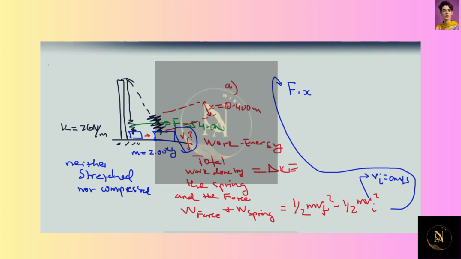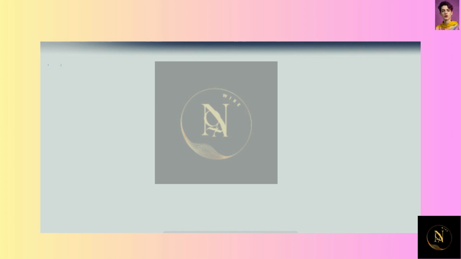So it's resisting, and so we're going to have a negative right there, 1/2 kx squared equals 1/2 mv final squared. Remember, the initial kinetic energy is 0 because the initial velocity is 0. It's always a good habit, like we said before, to solve for the v final, and we're going to do that on the next page.